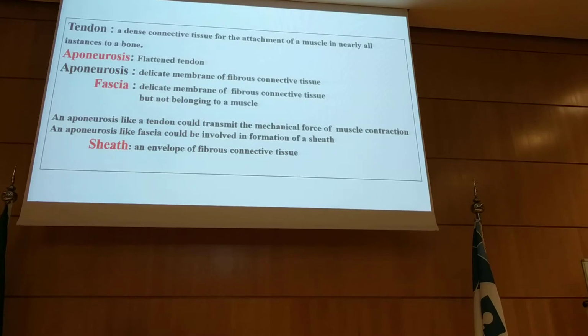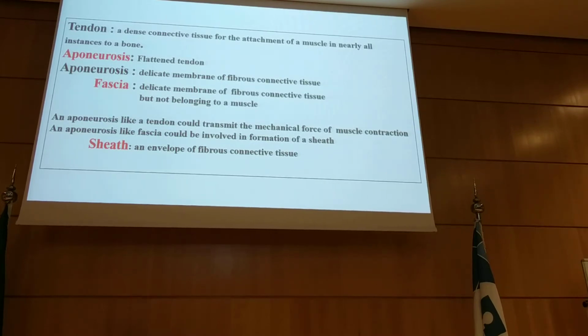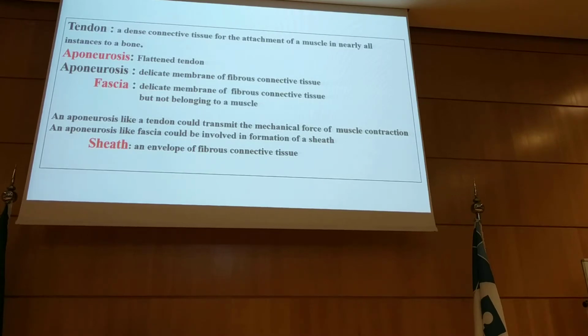This aluminum paper is the capsule of this chocolate bar. But in order to sell it, you have to put it in an envelope. This envelope is fascia.